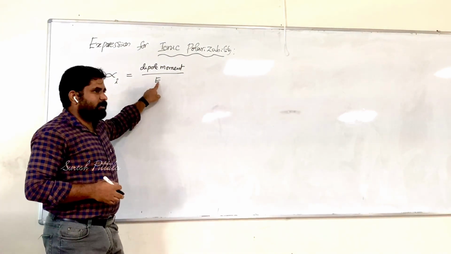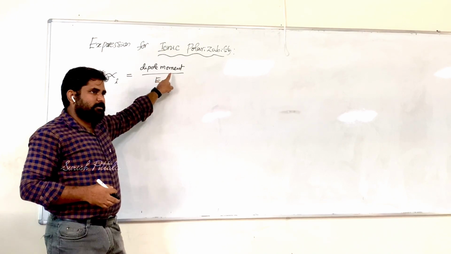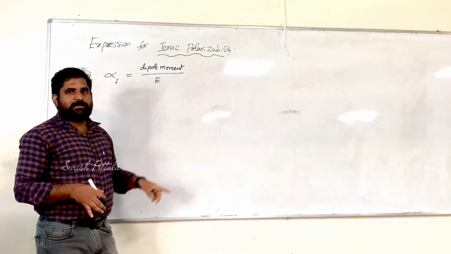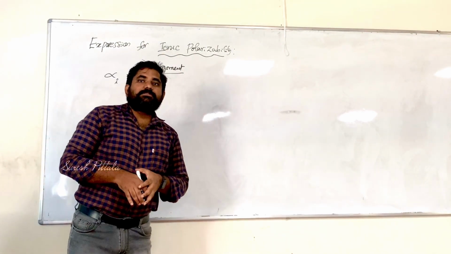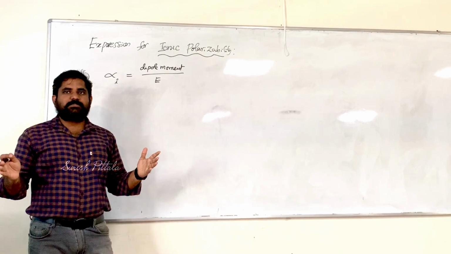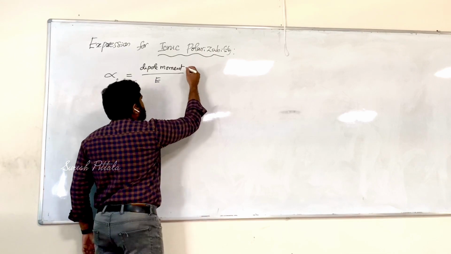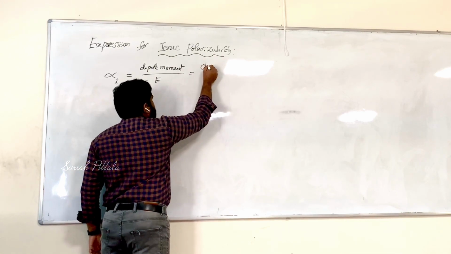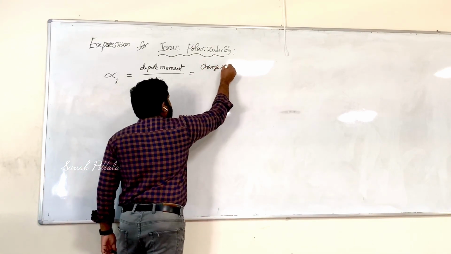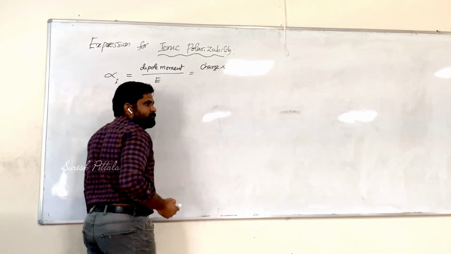You apply an electric field, due to that what happens? Ions will displace from their position, then you will get a net dipole moment. That is, you have some charge, and you need to have a distance.